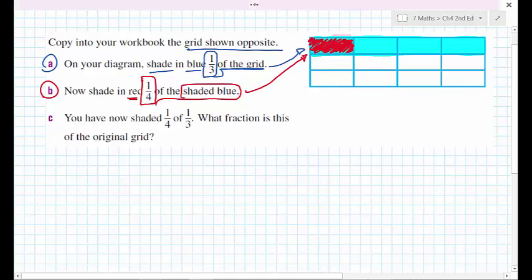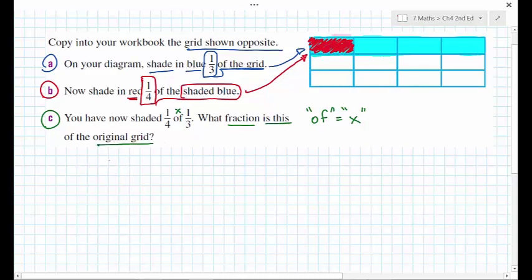Okay, it now asks me for C. I've now shaded 1/4 of 1/3, and I can think of it as 1/4 times 1/3, right? Because 'of' in maths can generally be thought of as a multiplication sign. And it wants me to say what fraction that is of the original grid.